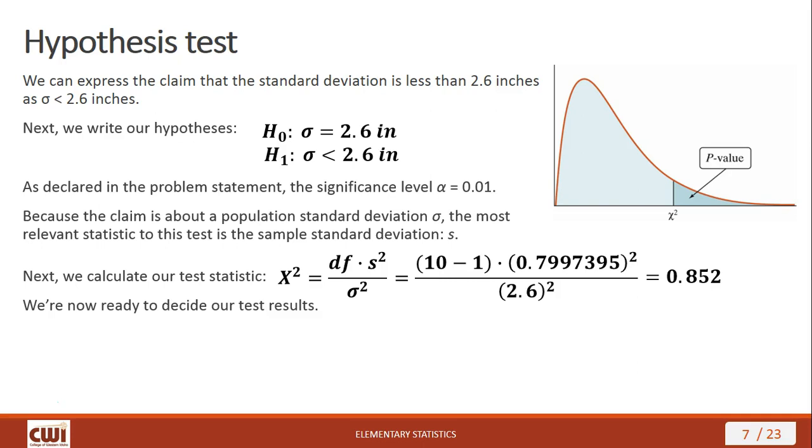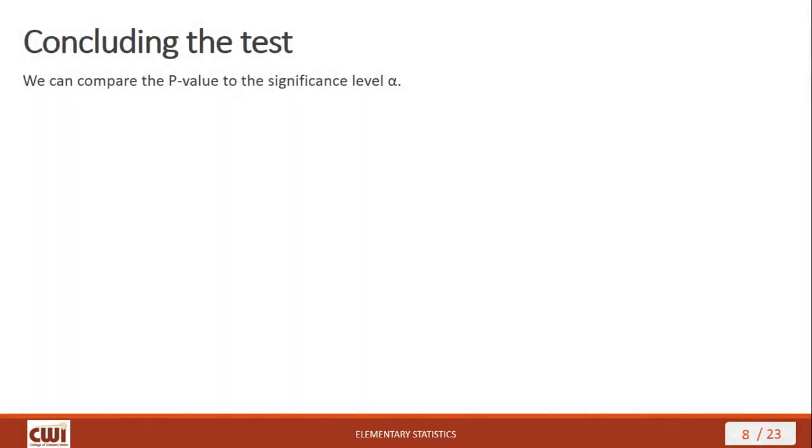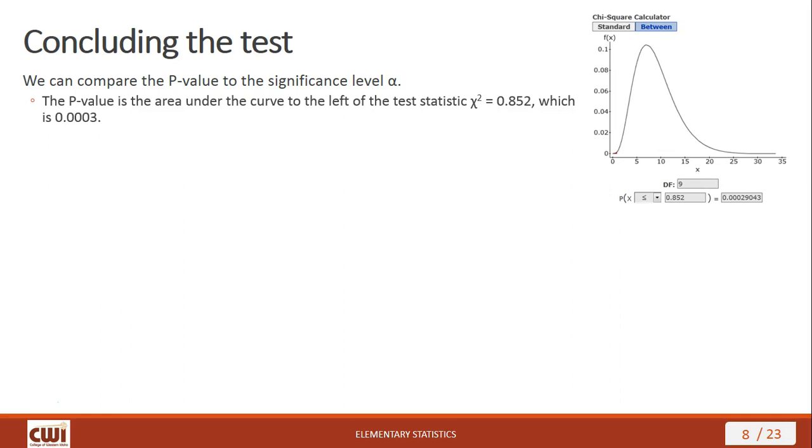Now we're ready to decide our test results. We can do this in one of two ways, just as we've done before. If we use the p-value and compare that to our significance level alpha, the p-value is going to be the area under the curve to the left of the test statistic. So we calculated our test statistic on the previous slide, 0.852.